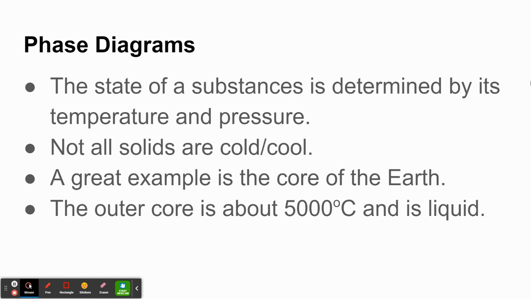Increasing pressure would allow you to have liquid water at temperatures above the boiling point. This is what happens in the radiator of a car. The radiator system is under pressure, and that pressure extends the liquid phase of the water beyond 100 degrees Celsius. And that's basically what this slide here is all about.